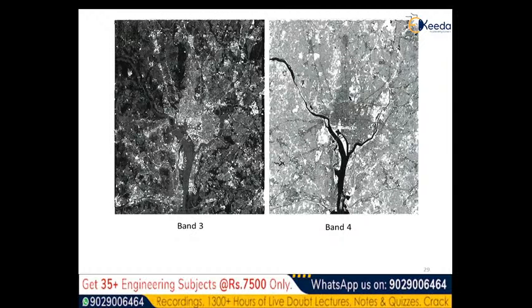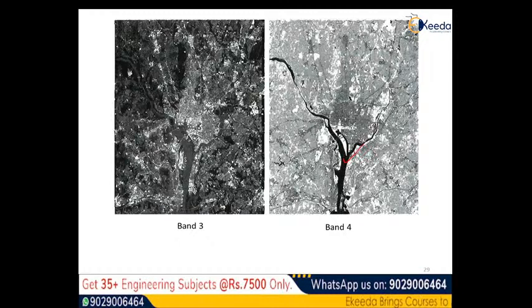Here you see the first 4 parts, figures A through D. These show the 4 spectral bands of the images for the Washington DC area. This includes the Potomac River, the river flowing through that particular region, as you see in the central region here.